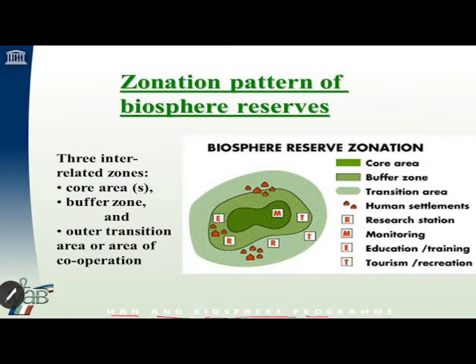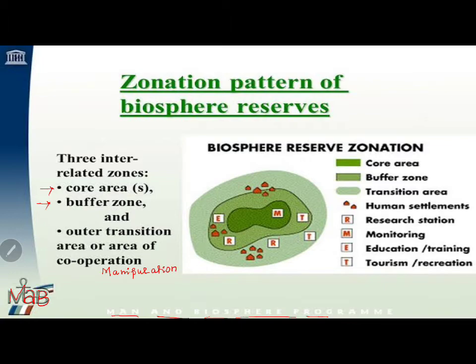You can see here it shows typically man, M, and biosphere. So we are going to see the divisions into core area, buffer zone, and outer transition area. This is only listed as manipulation area in the previous slide, the most outer zone.